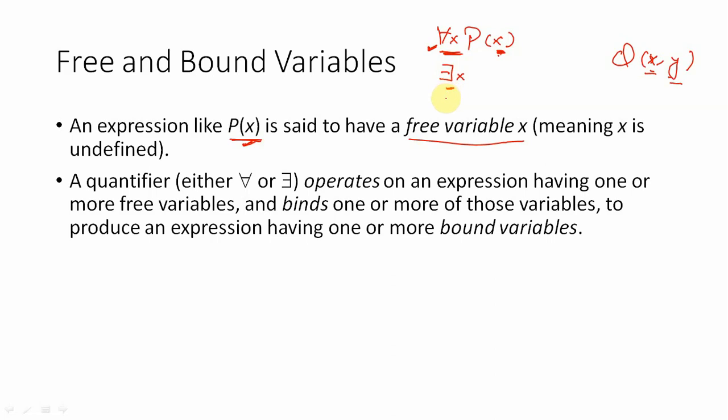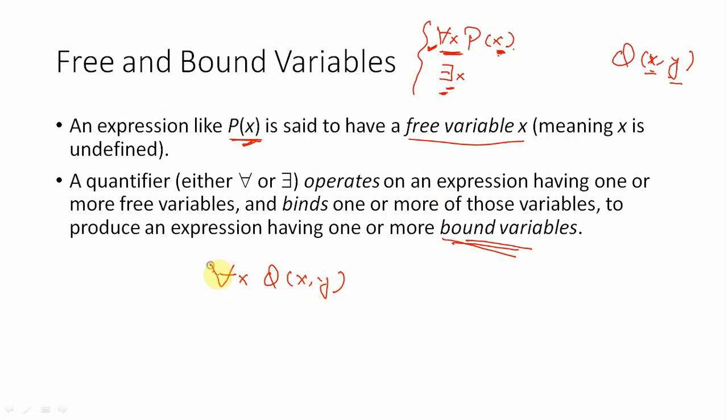When I use a quantifier, the variable no longer remains a free variable, but is called a bound variable. In a nutshell, if a variable does not have a quantifier assigned to it, it is said to be a free variable, and if it has a quantifier assigned to it, it is called a bound variable.